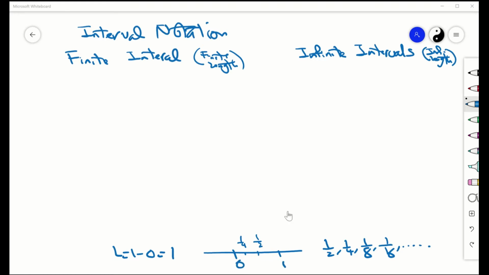Now you want to see that there are infinitely many numbers between 0 and 1. Here's another easy way. I know that between 0 and 1 there is 0.1, right? There's one real number. There's also 0.11, right? There's also 0.111. Notice those are all different numbers. And then there's 0.1111, right?